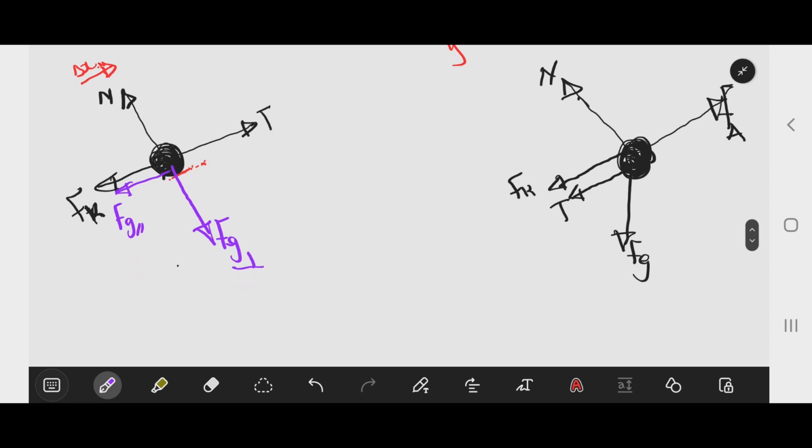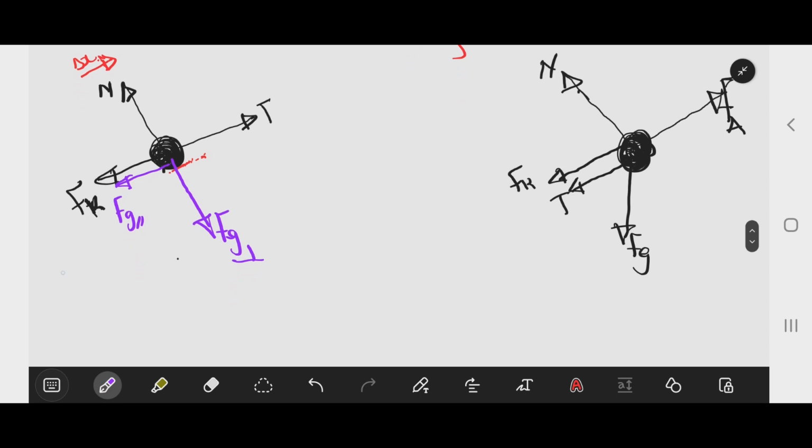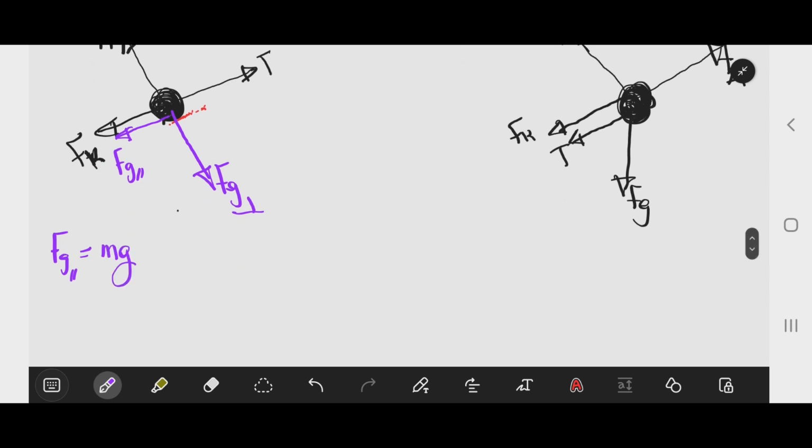So in this step of resolving, we also have to note that Fg parallel is equal to mg sine theta, where theta is the angle of inclination, right? And Fg perpendicular is equal to mg cos theta, right?